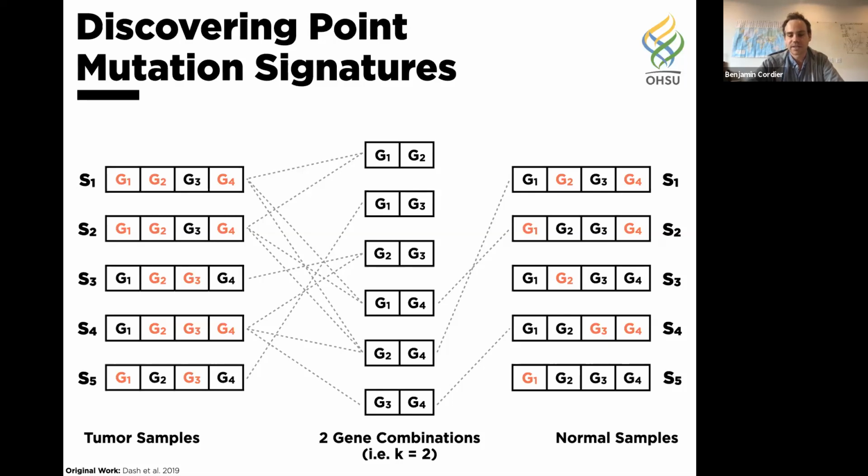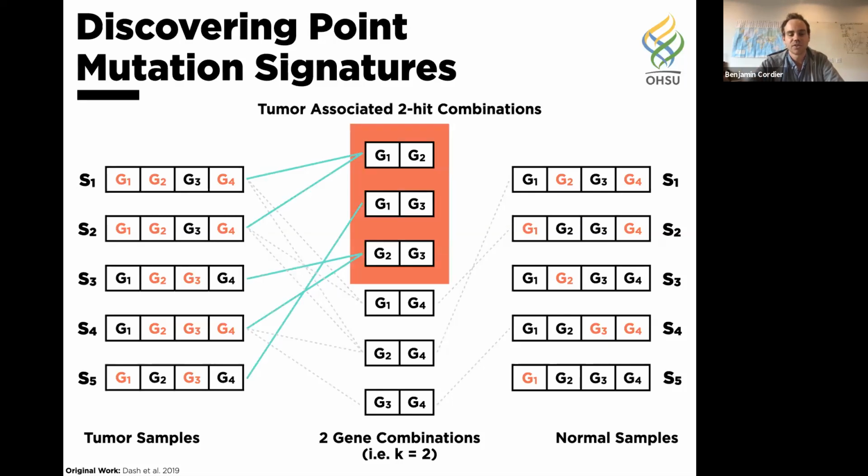In doing this, you can see that, for example, the 2 gene combinations that describe a cancer are, in this case, G1, G2, G1, G3, and G2, G3. Even though we see the 2 gene combinations also occurring in the cancer cells, because they occur in the normals, we can roughly infer that they are not the drivers of the cancer. This is a simplified example, but this is the general idea.